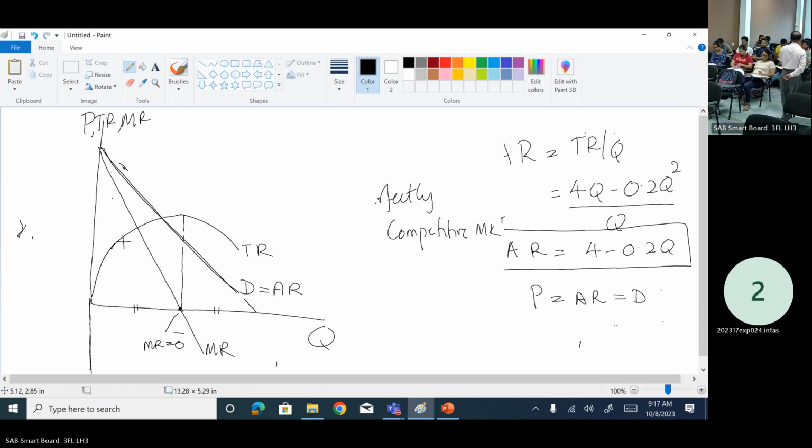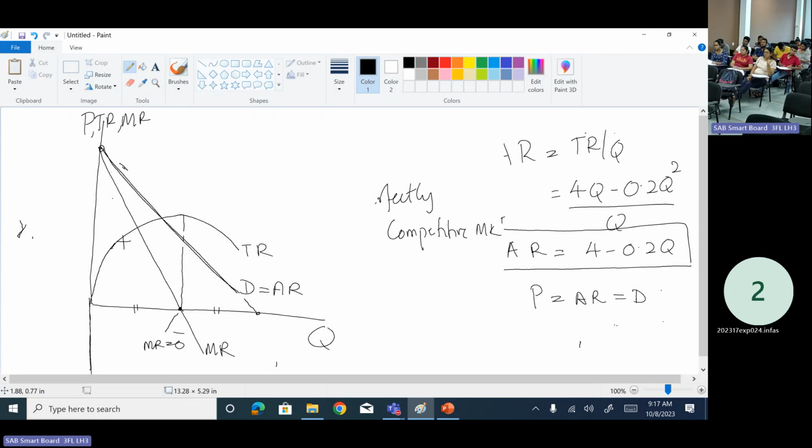Can you remember? Price elasticity varies from 0 to infinity along a linear downward sloping demand curve. At a given point, if you calculate the price elasticity, what happens?